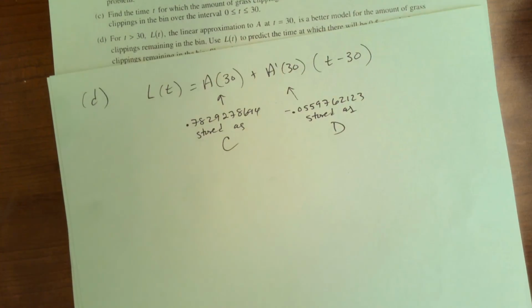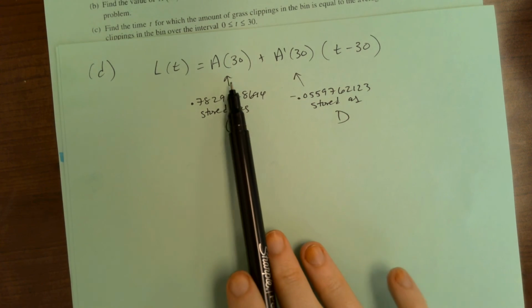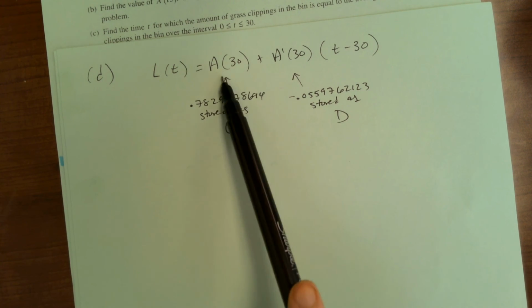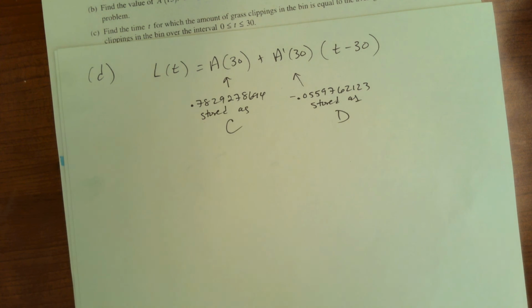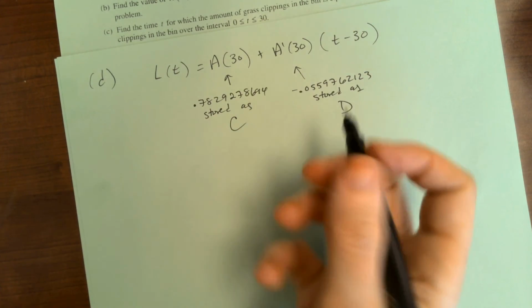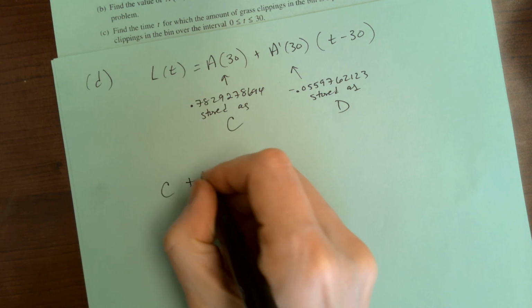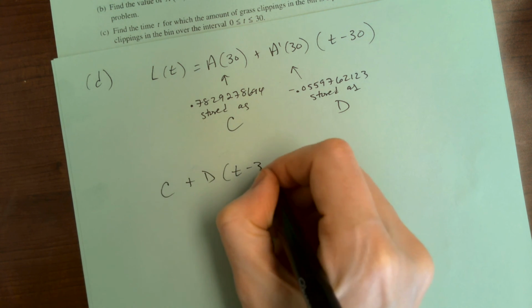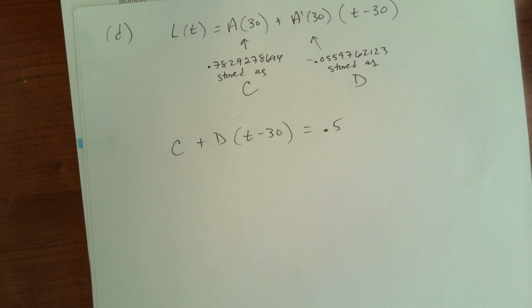Okay, so they want to know at what time this linear approximation is equal to 0.5 pounds. So I want to solve this equation. C plus D times t minus 30 equals 0.5.